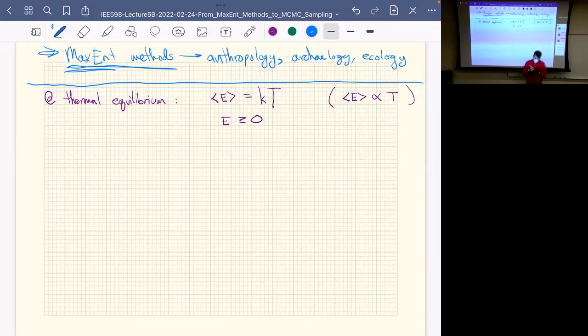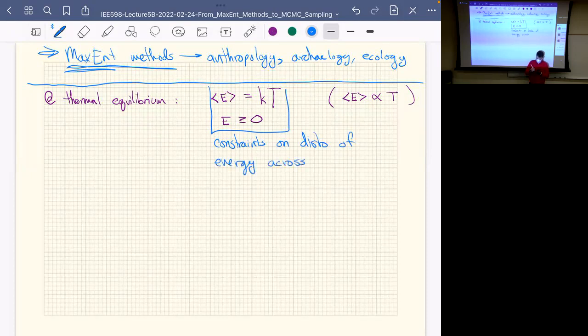So these here are constraints on the distribution of energy across microstates.